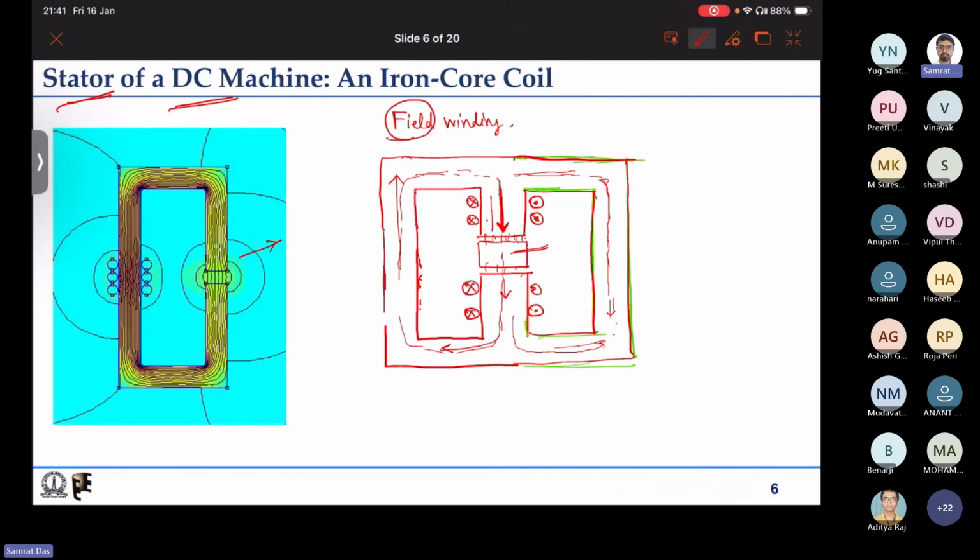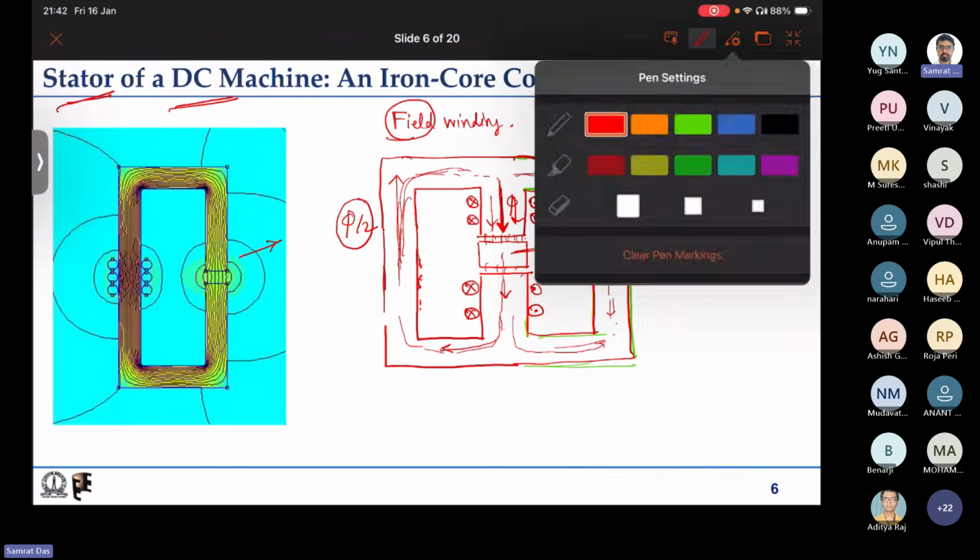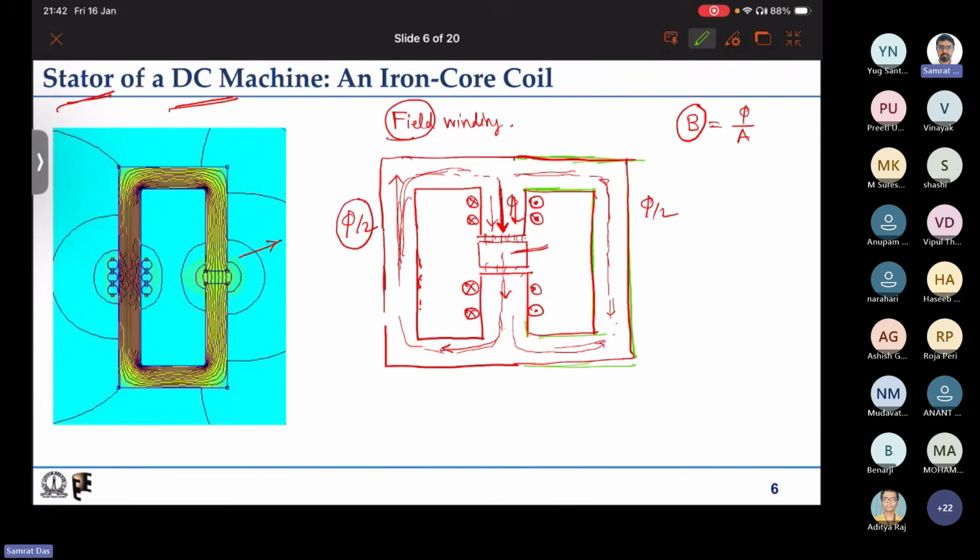If this portion carries some flux phi, then one limb carries phi by 2 and the other carries phi by 2, and we know that B equals flux by cross sectional area. So if we want the same B, wherever we have half the flux, we can reduce the cross sectional area to half. Simply we can do that.